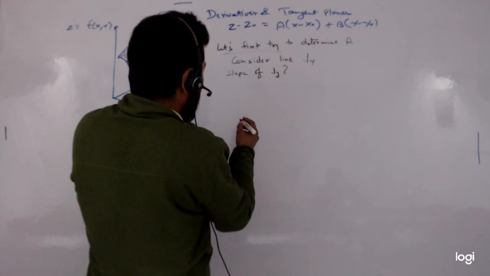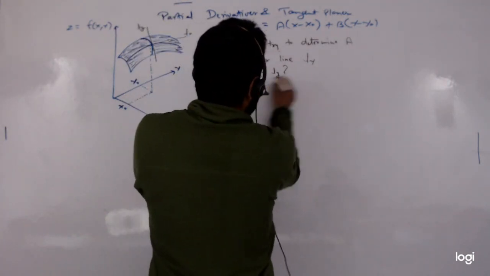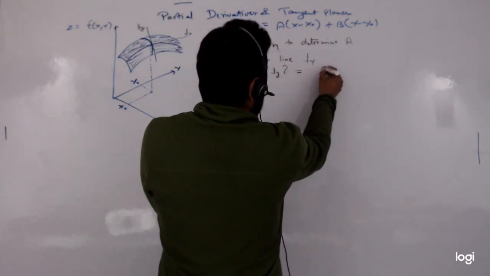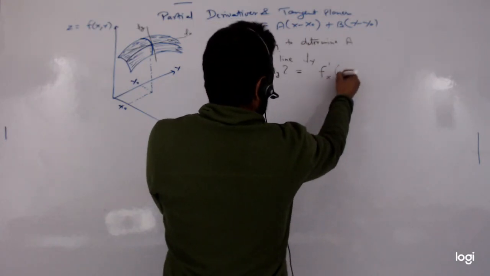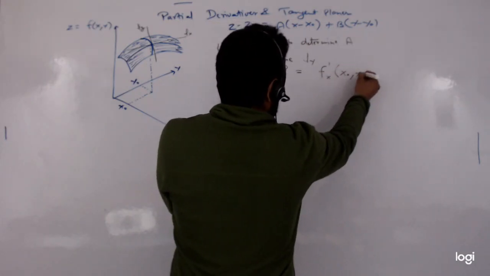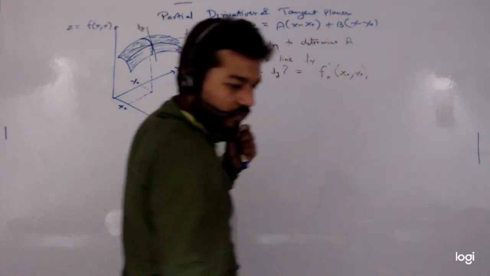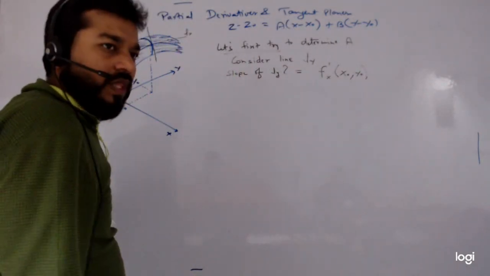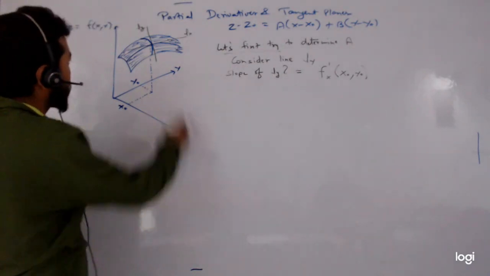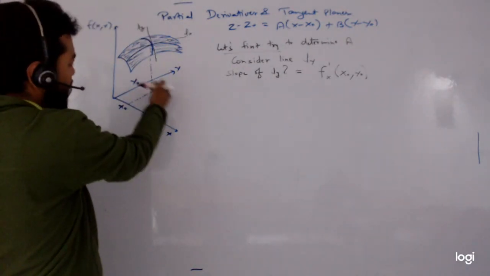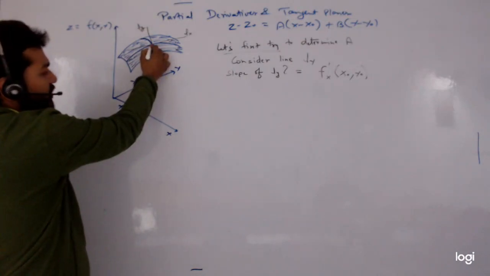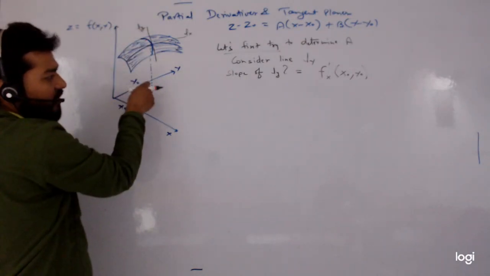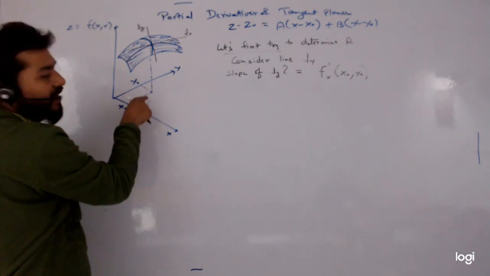This is f prime of x at x naught, y naught. This is L of y, with y constant at y naught, and we're partially differentiating this with respect to x, and we're putting that value.